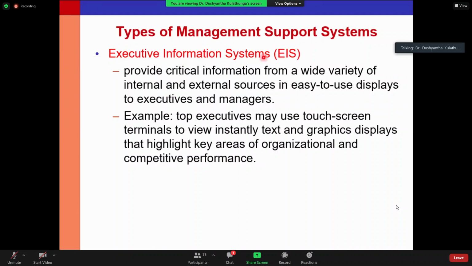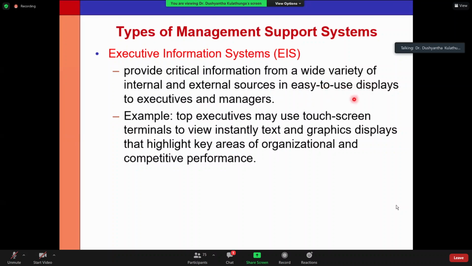Executive information systems provide critical information from a wide variety of internal and external sources in easy-to-use displays to executives and managers. Now, executive information systems focus on providing useful information to executives and managers in the organization. Here it says in the form of easy-to-use displays.